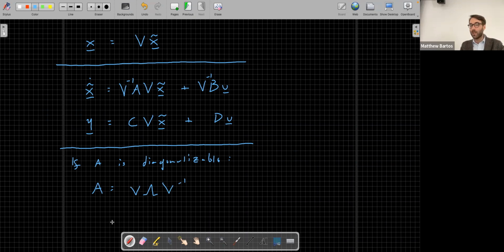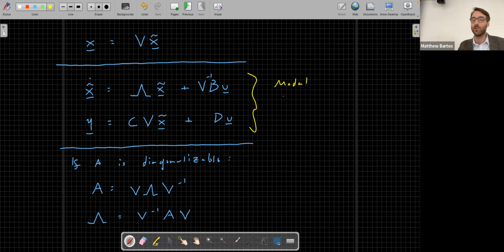So if we pre-multiply by V inverse and post-multiply by V, this becomes lambda is equal to V inverse A V. So if we define V to be the right eigenvectors of A, what is this expression equal to? It'll just be equal to lambda. So if we're able to find a V such that V is the matrix of the right eigenvectors of A, we can apply a coordinate transformation to diagonalize our state space equation. This is called putting the state space equation in modal coordinates.